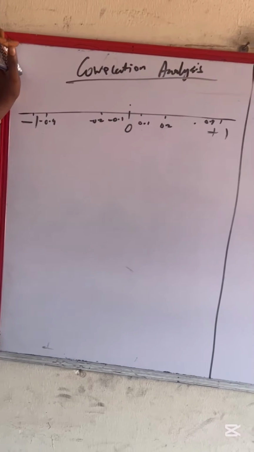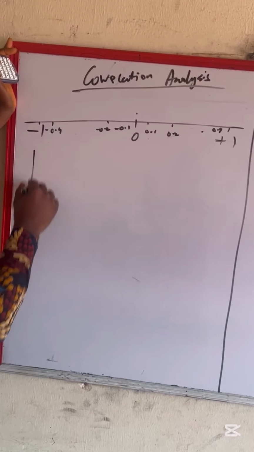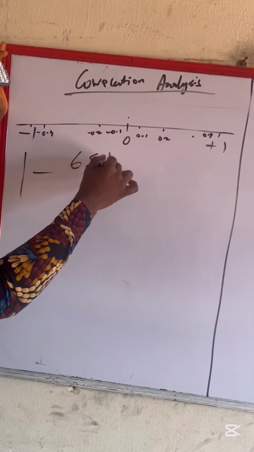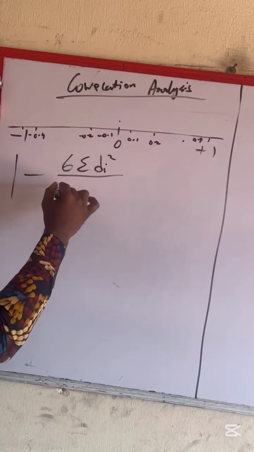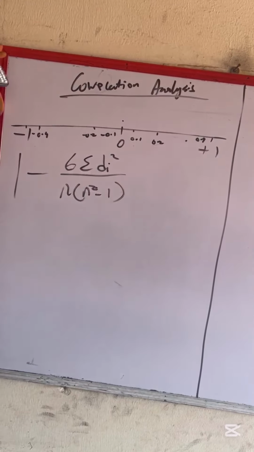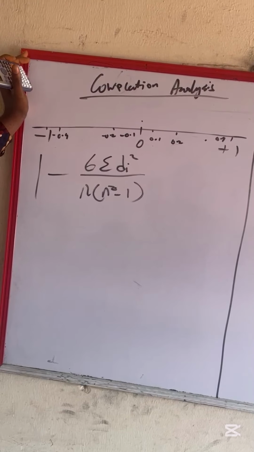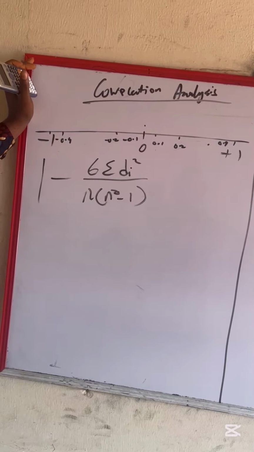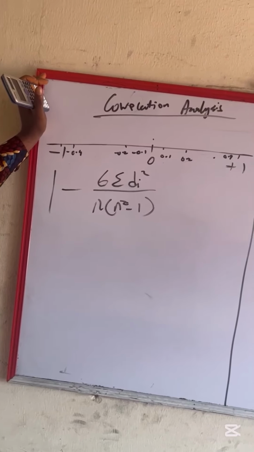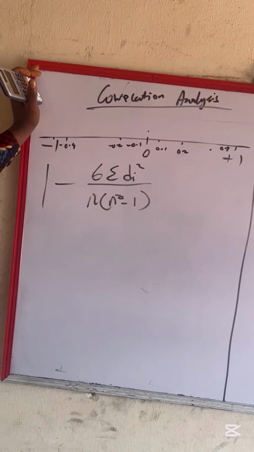So Spearman's rank correlation, which is 1 minus 6 summation di squared over n bracket n squared minus 1. But there is a way that we are going to do this. Remember how to do this. Firstly, you arrange your data in descending order.